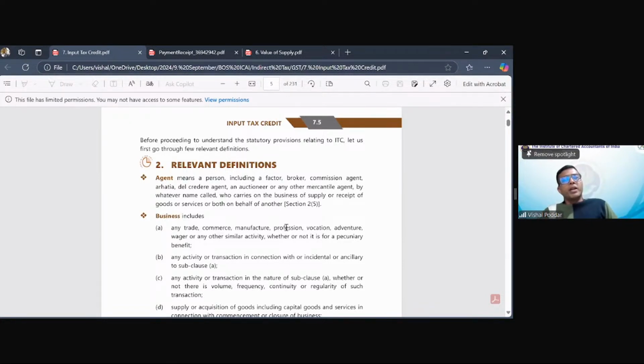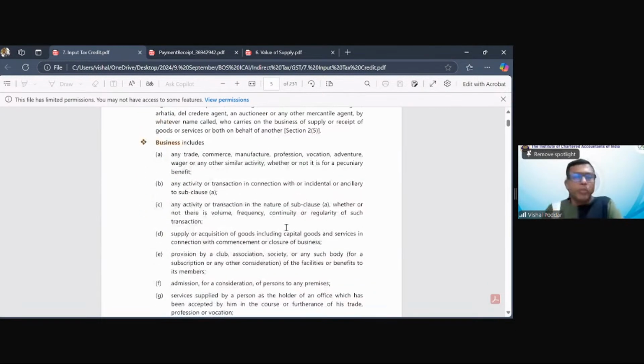So in this topic, we will understand when input tax becomes input tax credit. Second, what is included in input tax? Thirdly, once it becomes credit, how can we utilize it against our output tax? Whether there are restrictions, whether I can utilize it in full, all these things are covered in this topic.